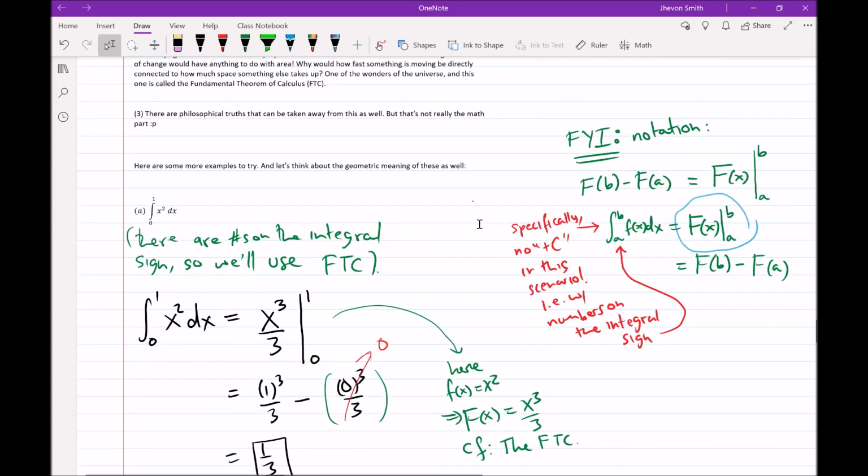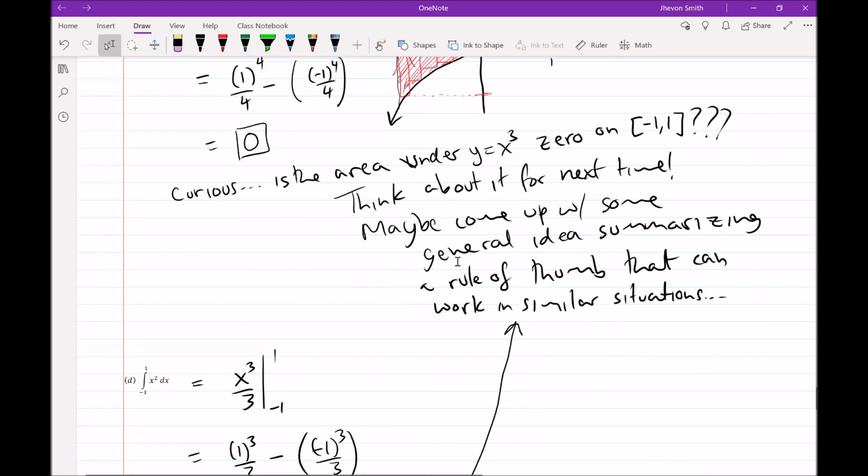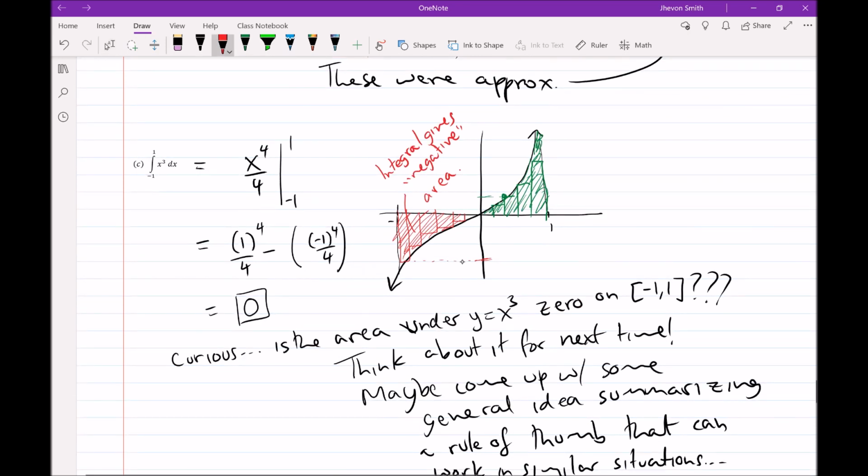But I did mention that the integral gives you the area under the curve. What I want you to be aware of here is that the area under, and I was looking for the part where I put quotations around the under, is a net area.